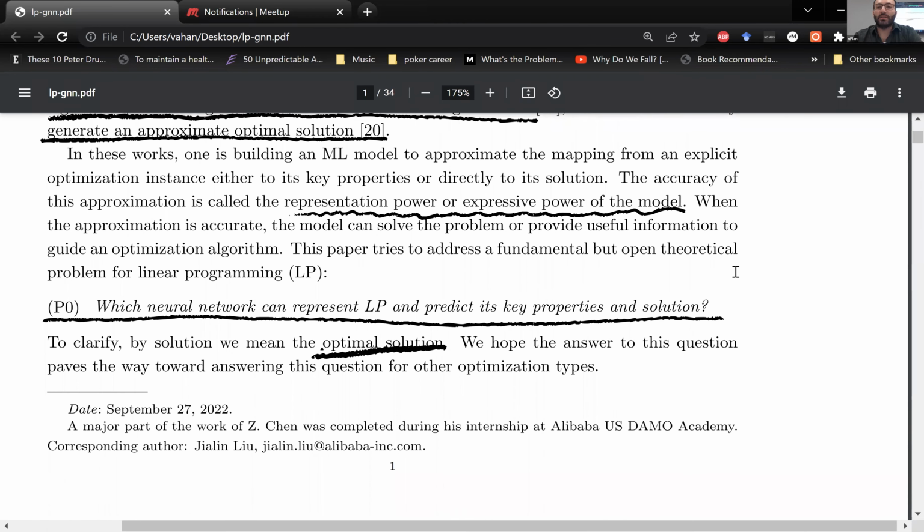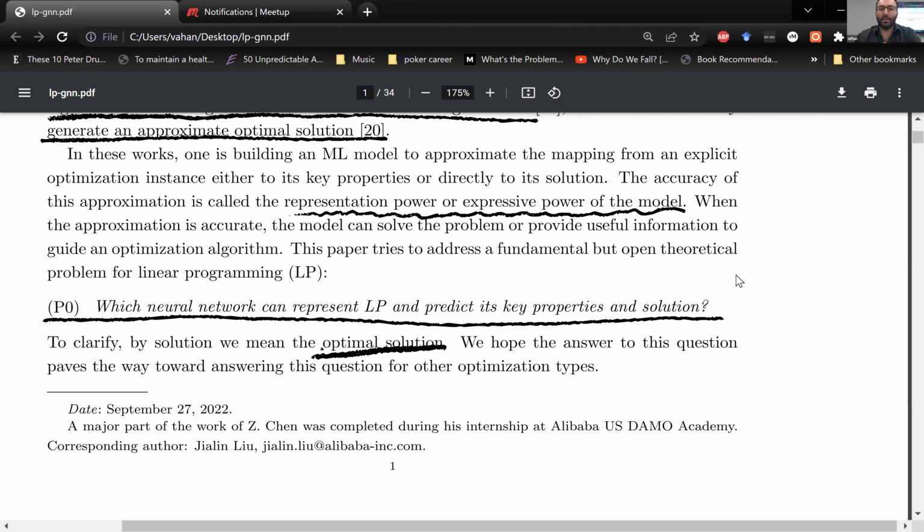So GNN basically means, in very broad terms, a neural network that works on graphs. Normally, when we say GNNs, we mean message passing, as in GCN or GAT, all these architectures that rely on passing messages between nodes in the graph.